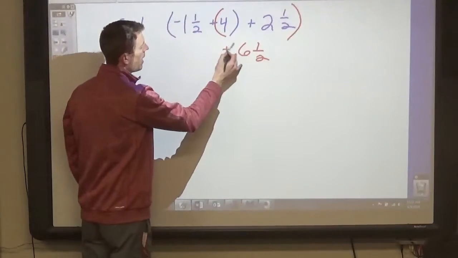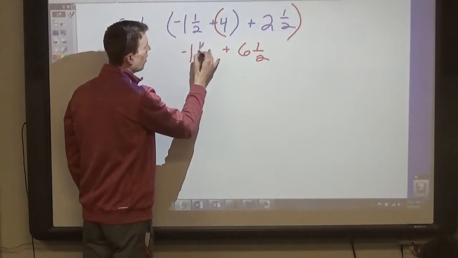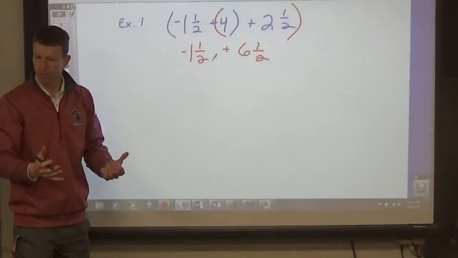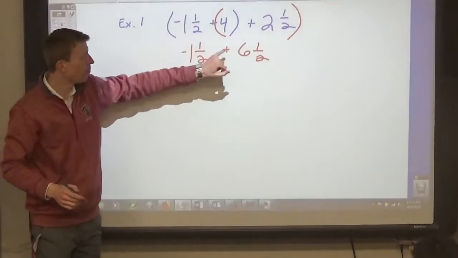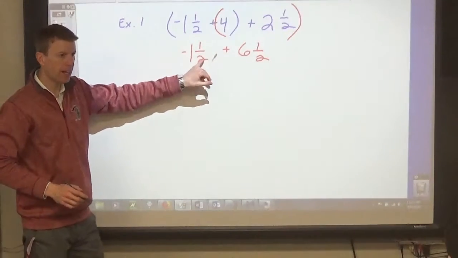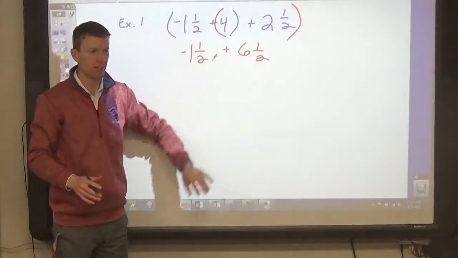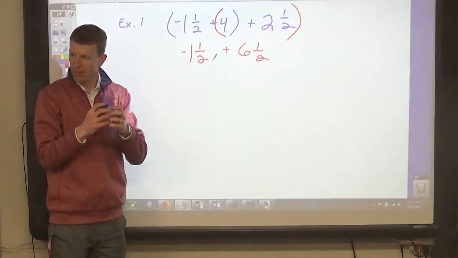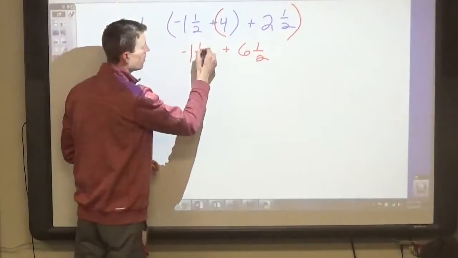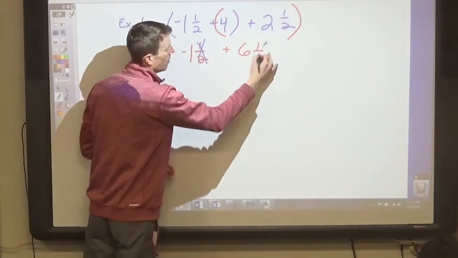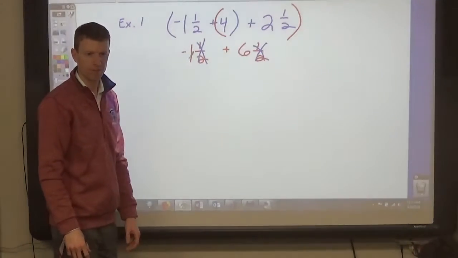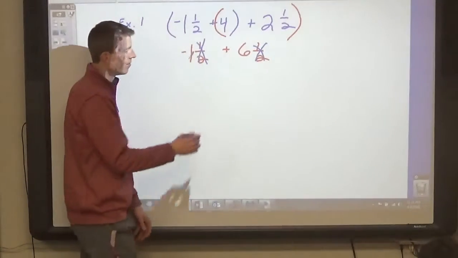Now, when we add a negative 1.5, that's really subtracting, isn't it? And we can take a half minus a half. A negative half and a positive half. So they cancel each other out, don't they? If they cancel each other out, now we just have negative 1 plus 6. 5.